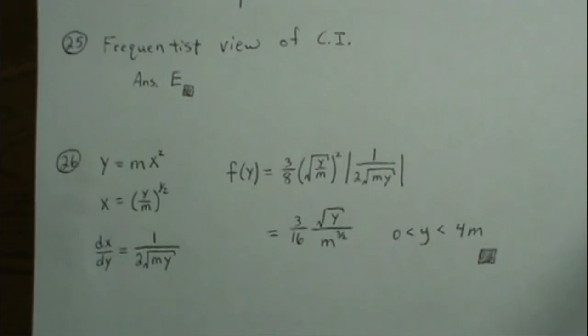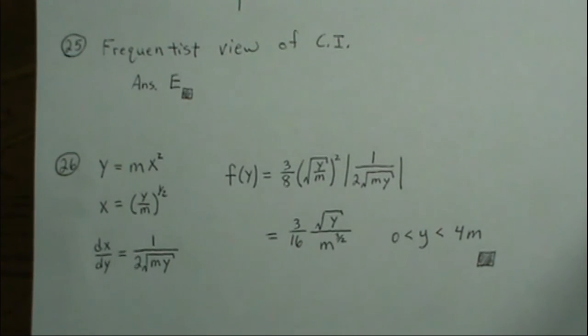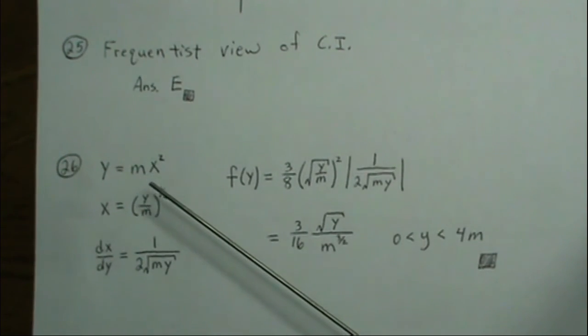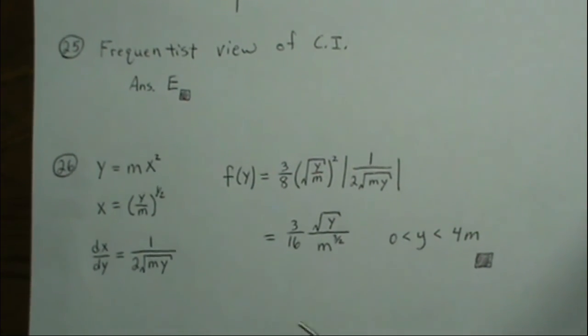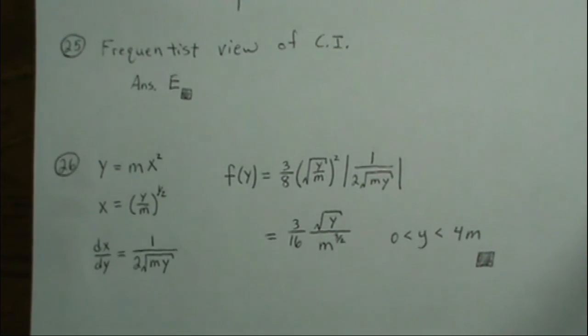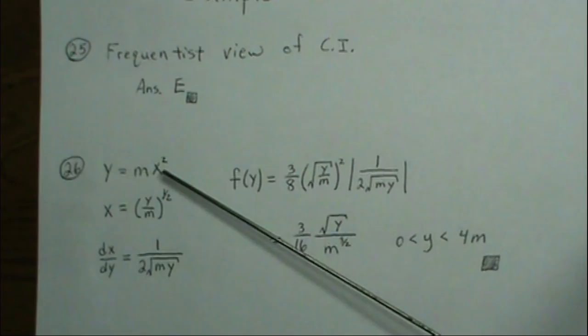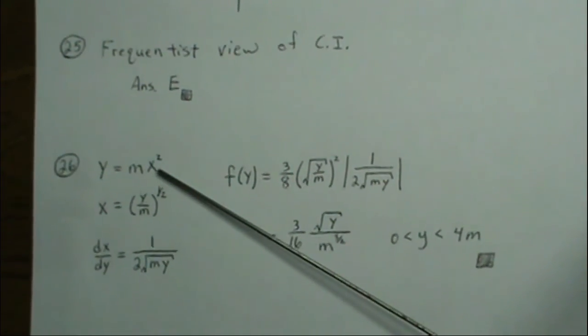So for 26, we're asked to find the density of Y, which is mX squared. And X ranges from 0 to 2, which plays an important part because in general, x squared over all real numbers is not a one-to-one function.